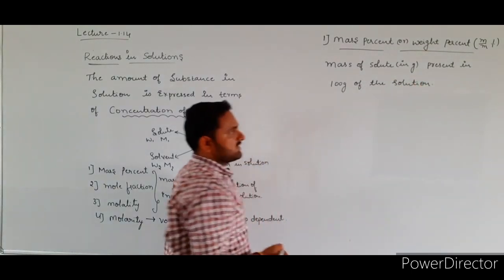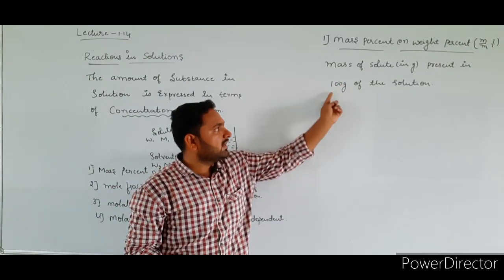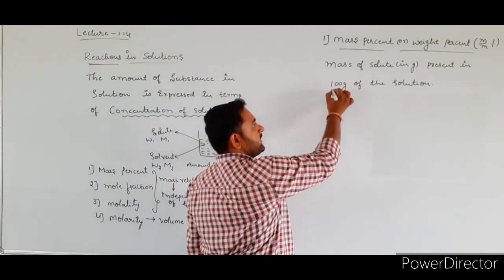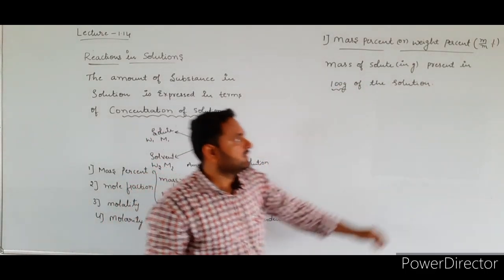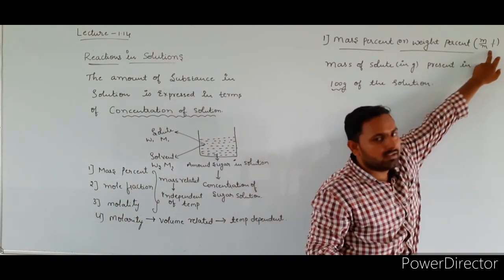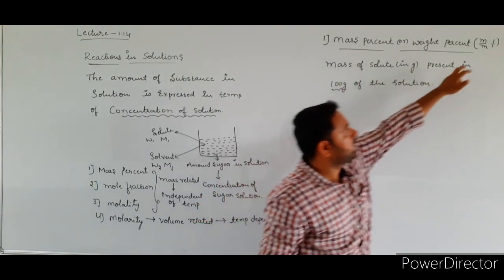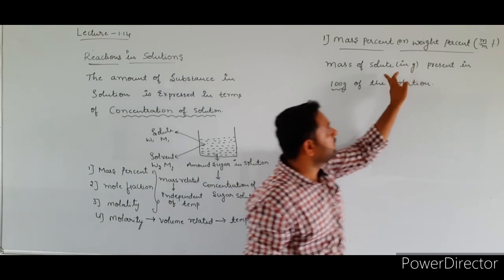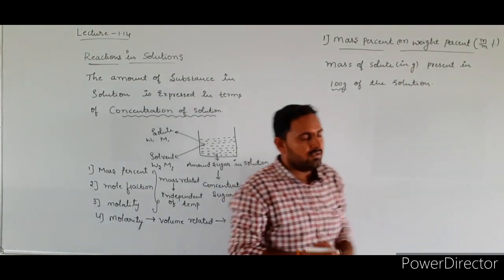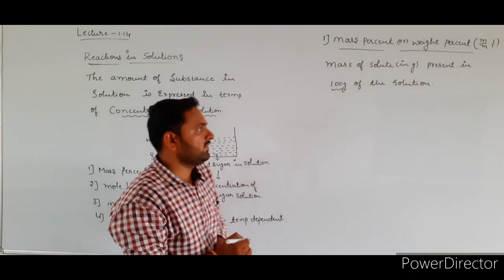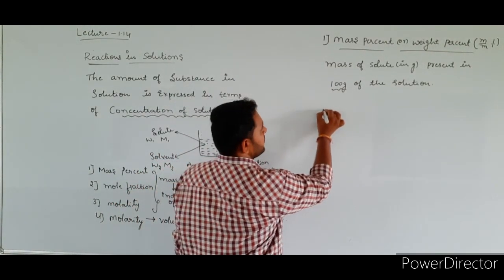It is very important: 100 gram of the solution. Why? Because percentage is always considered to 100. That's why it is the mass of solute present in 100 gram of solution.